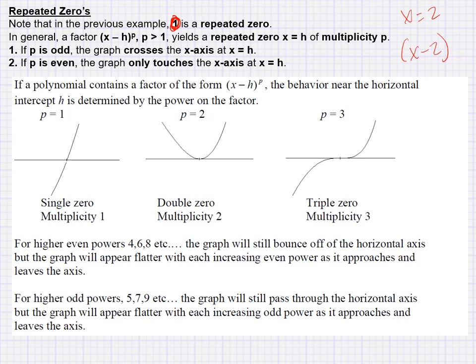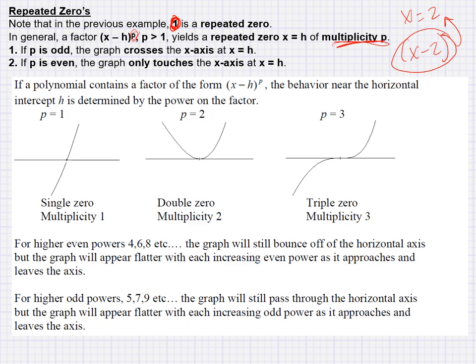So you could say that the number of factors that give you this 0 is basically the number of times that 0 is repeated, or the multiplicity of that 0. So if the factor that yields a particular 0 is raised to a power, that power is the multiplicity, or the number of times the 0 is repeated.